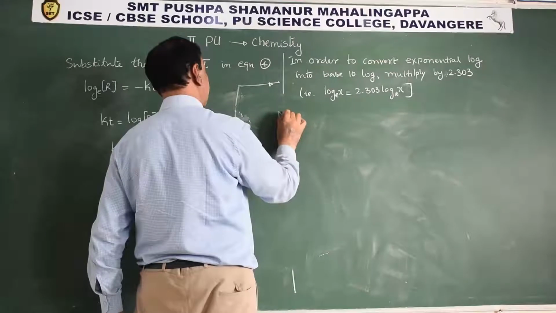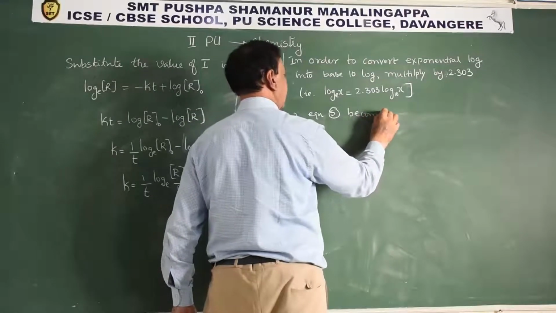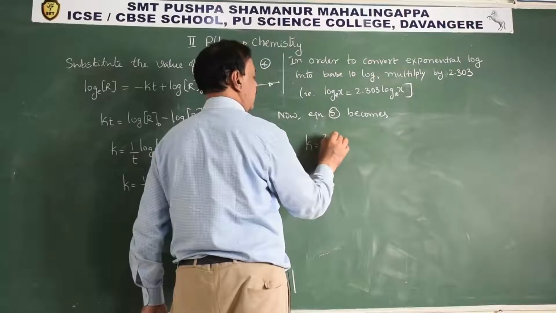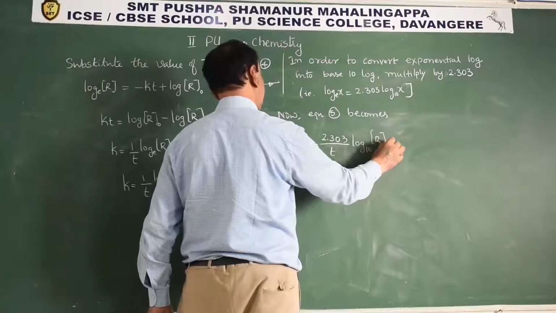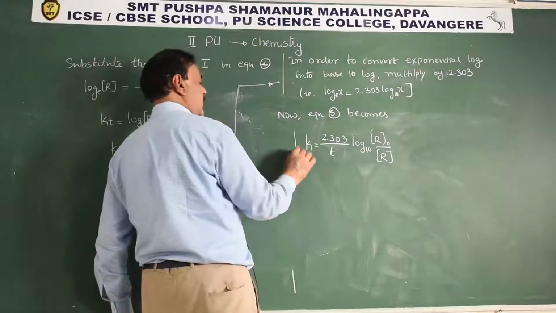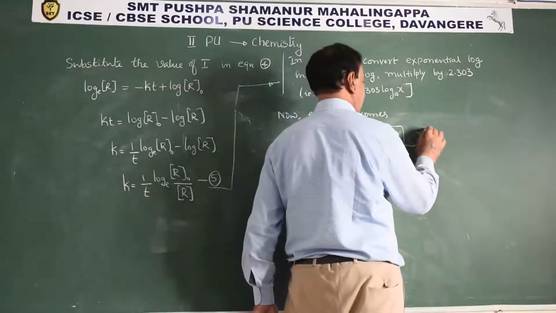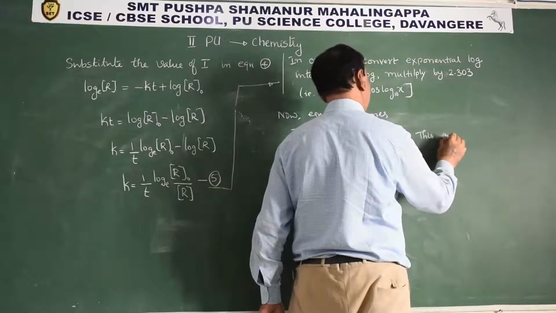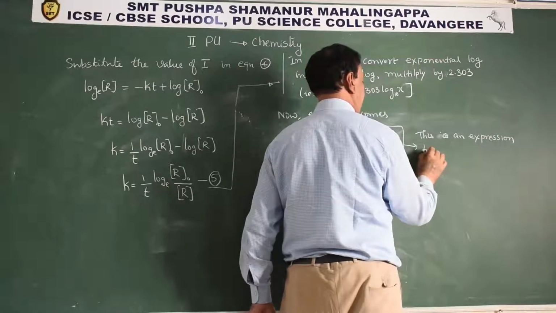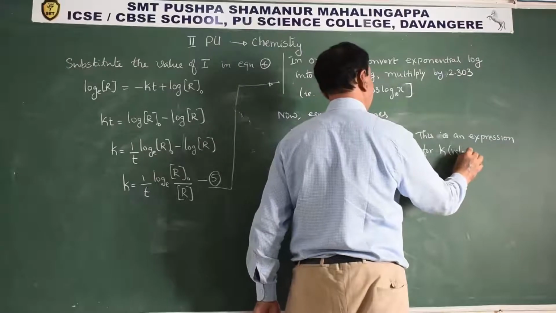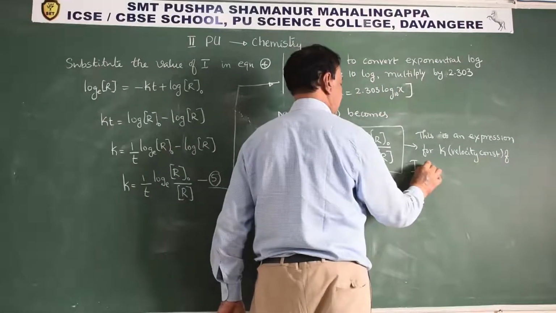Now equation 5 becomes k is equal to 2.303 divided by t log base 10 of R naught divided by R. This is an expression for k, that is, the velocity constant of a first order reaction.